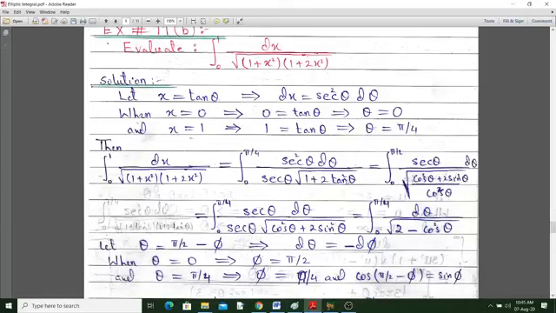We break tan square theta into sin square over cos square, and taking the LCM, we get this expression. Then if we take 1 over cos square outside this root, we get 1 over cos, which can be written as secant theta, and this secant theta and this secant theta are cancelled.